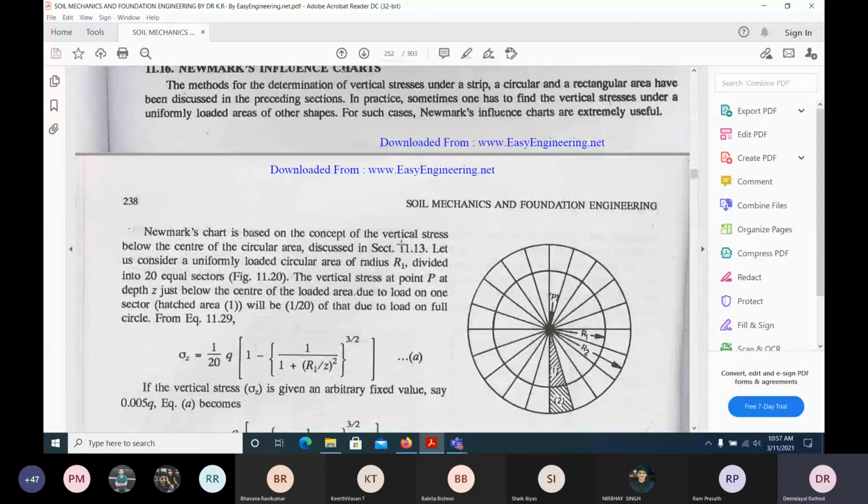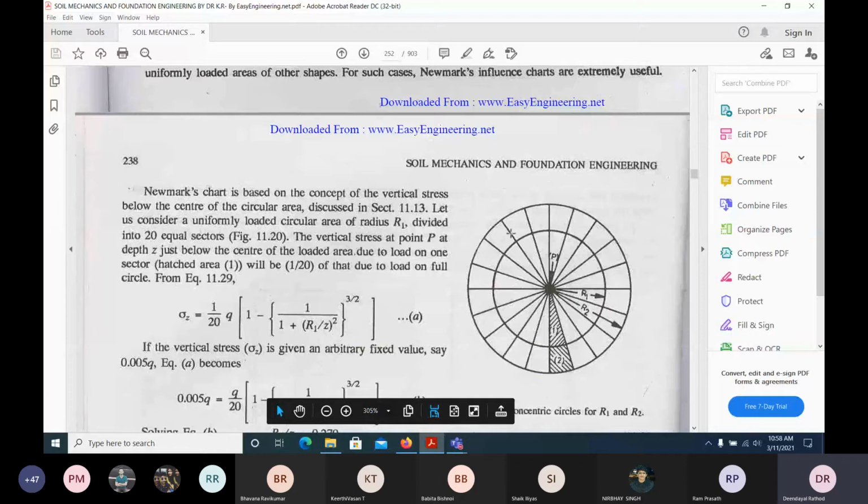Newmark chart is based on the concept of the vertical stress below the center of a circular area, as discussed in the previous section. Let us consider the uniformly loaded circular area of radius R1 divided into 20 equal sectors. That means we have divided it into 20. The vertical stress at point P at depth Z just below the center of the loaded area, due to the load on one hatched sector, will be 1/20th of the load due to the full circle.